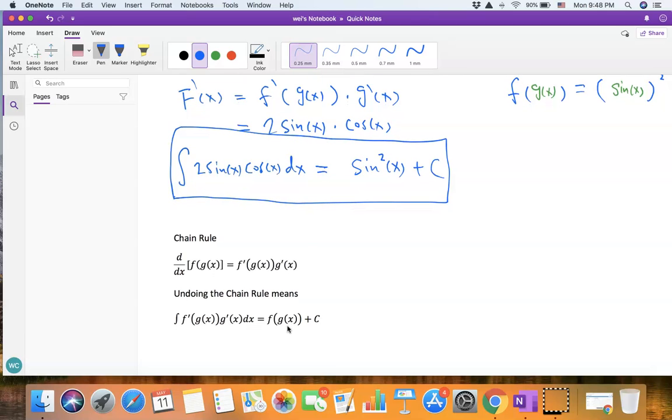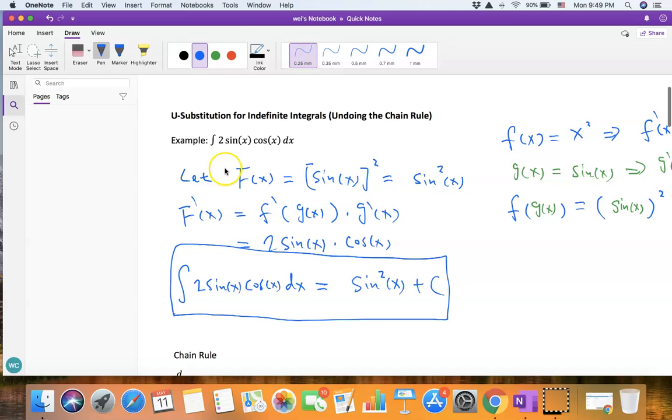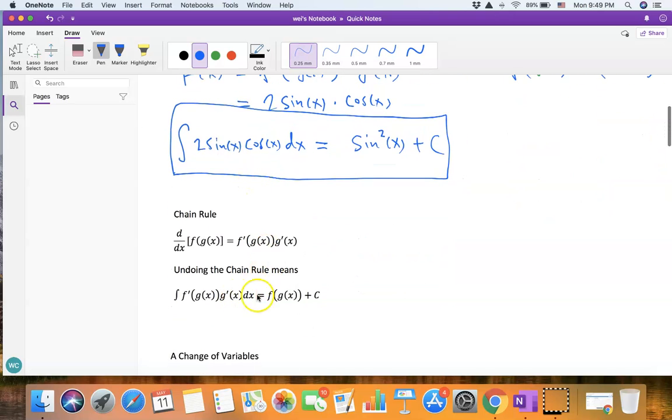Okay, so now this is very clear, right? This is given by the chain rule, so the integral of this is capital F of g of x. Now the question is, for this function, how am I supposed to know which is capital F and which is capital G?